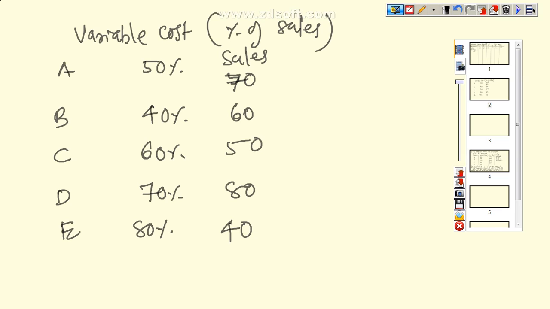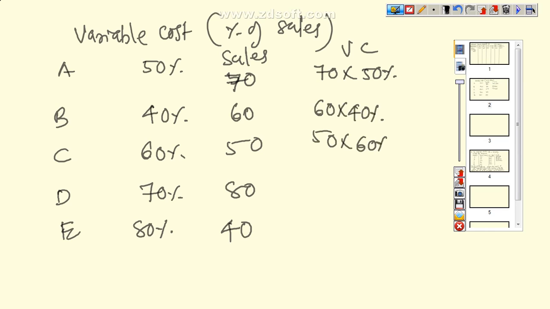Now we calculate variable cost. 70 into 50%, 60 into 40%, 50 into 60%, 80 into 70% and 40 into 80%.